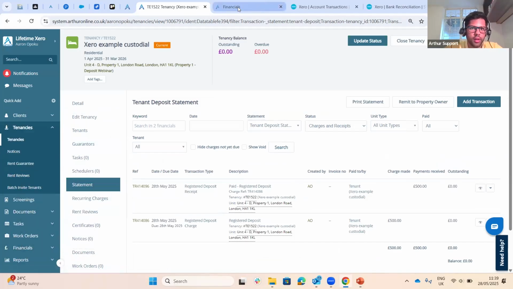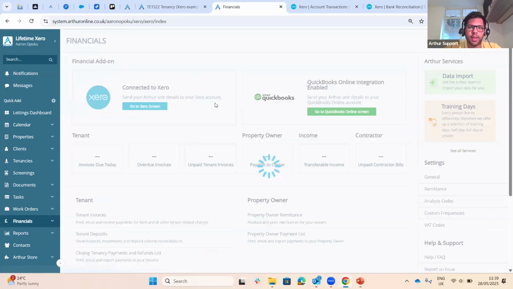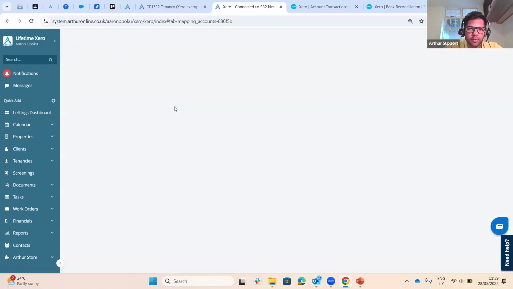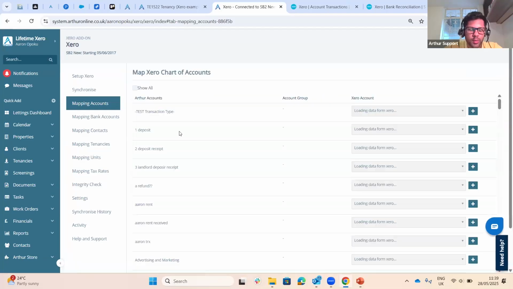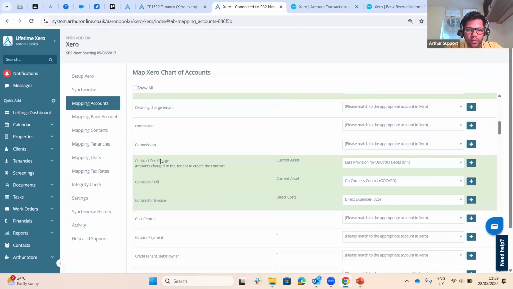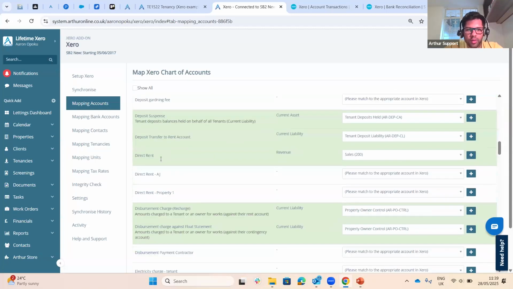So you have an understanding of how the deposits are mapped to Xero, the different deposit transactions we've gone through today, how they're all linked to Xero, and how they all flow into your different nominal codes on Xero as well.